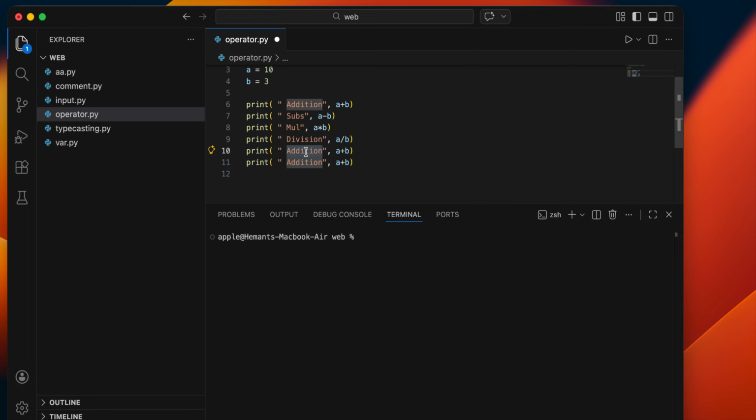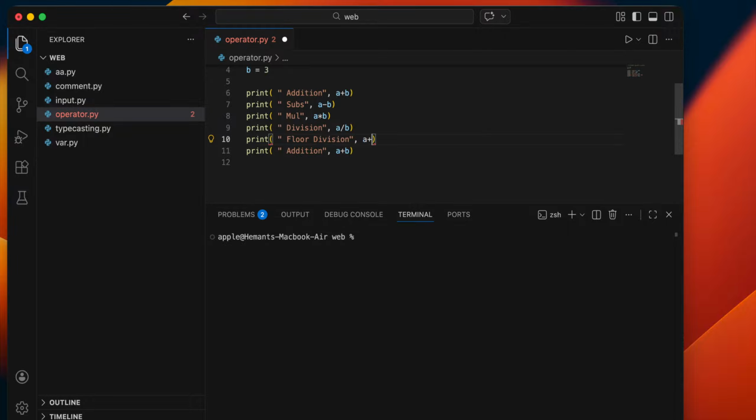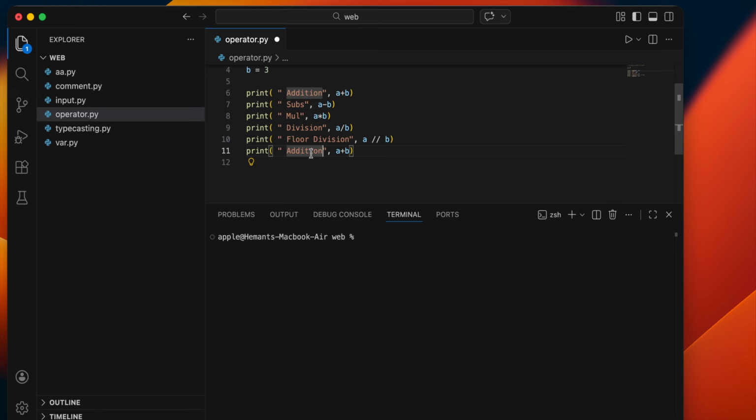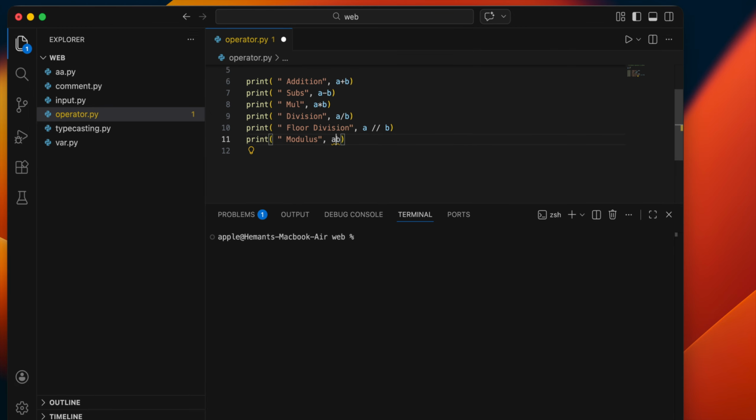Next, floor division. Floor division uses double slash. Next, we can use modulus, a percent b. We can also use exponent, a star star b, right?